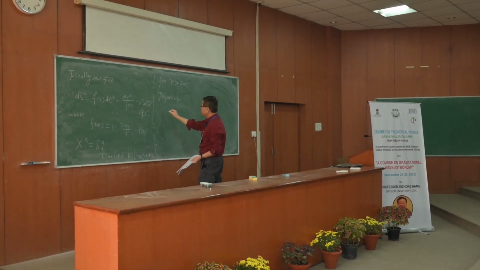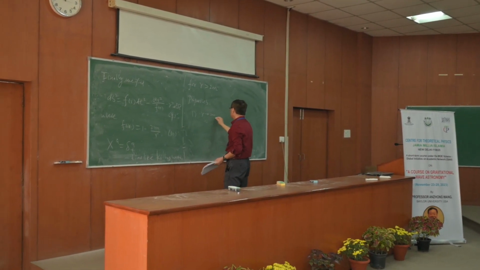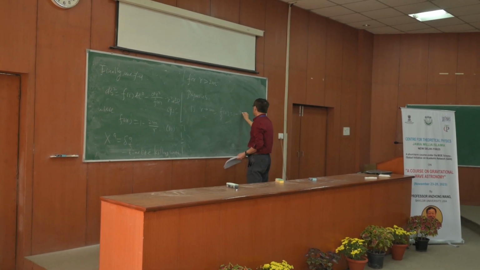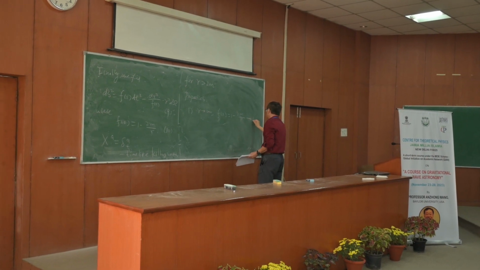So the first property: when r goes to infinity, f(r), which is 1 minus 2m over r, goes to 1.